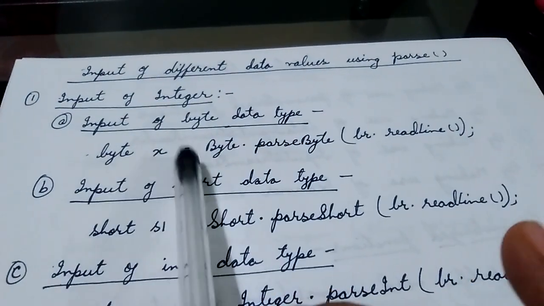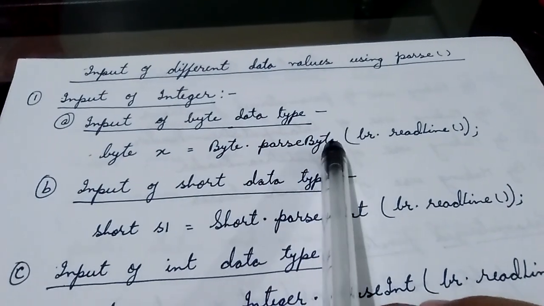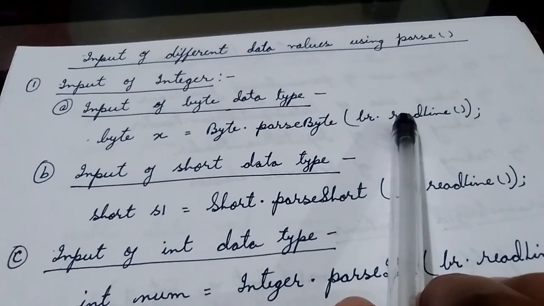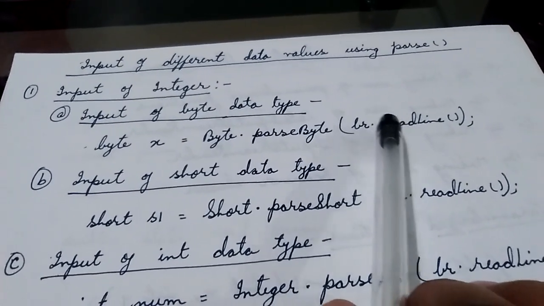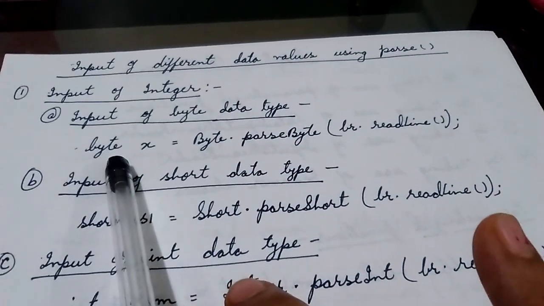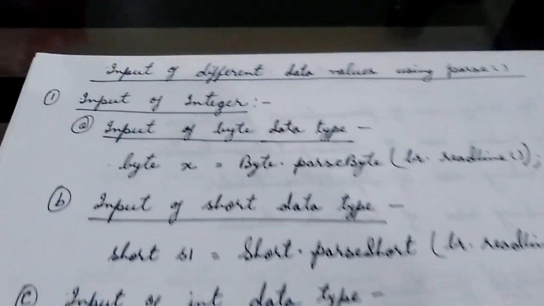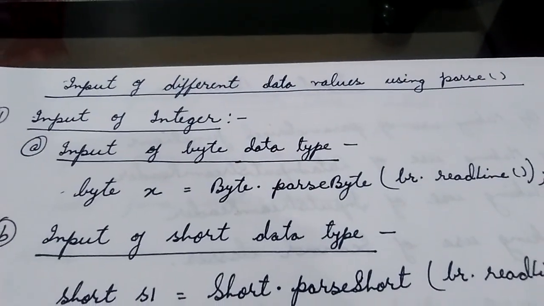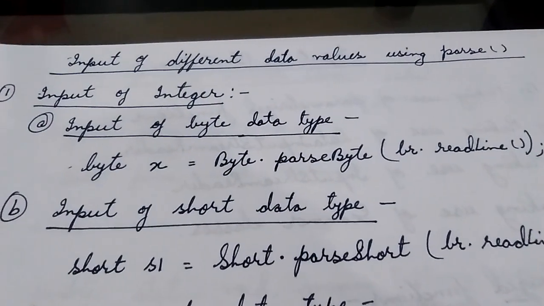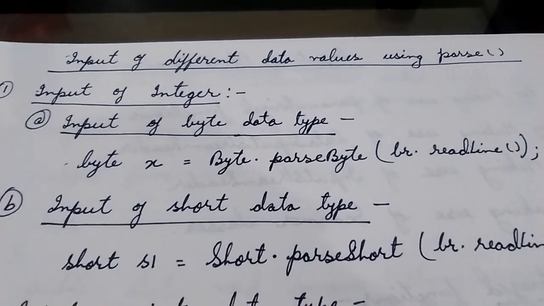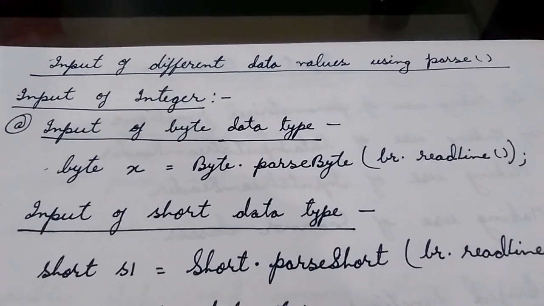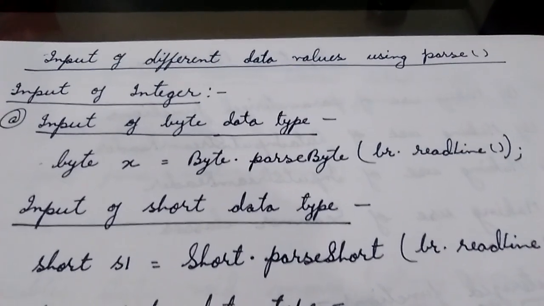So byte x equals Byte.parseByte(br.readLine()). You may pass any value also here if it is of string type. Now what is important to understand, byte and Byte, you see the difference of writing. The byte on my left-hand side is written in small letter, and Byte on the right-hand side of the equal to is written with capital letter B.